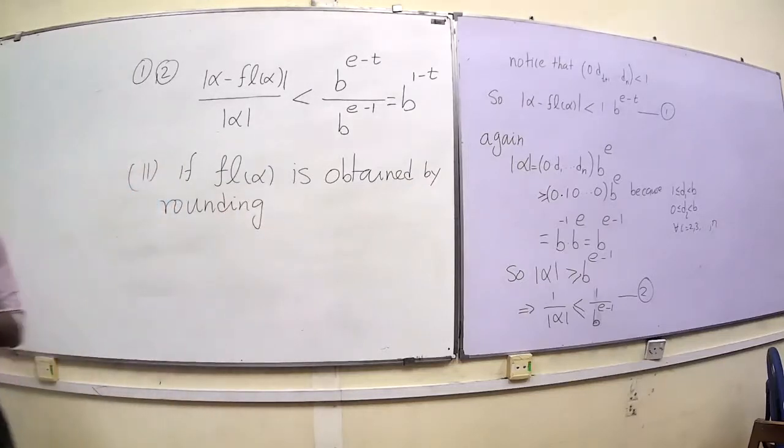If this one is obtained by rounding, then you will end up with two cases. Because in rounding, the first digit you are dropping is important. If the value you are dropping is greater than or equal to 5, then you add 1 to the previous term, and if it is less than 5, then you don't add. That is what we learned in rounding.